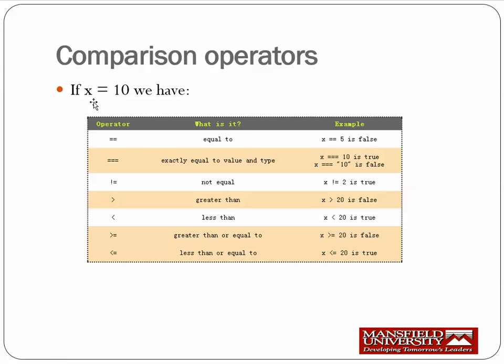Inside the x, we store 10, because 10 is greater than 5. So this statement, x equal to 5, is false. We use operators like the double equal sign, not equal, greater than, less than, something like this. Why do we need this? We will see an example later.